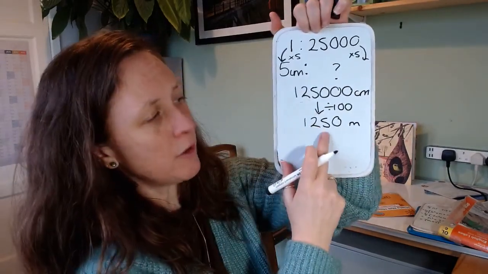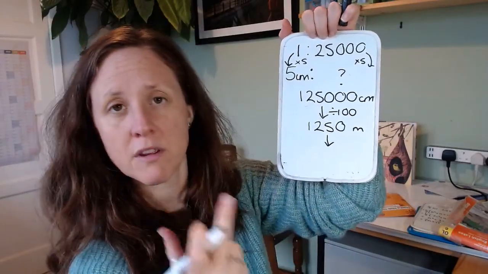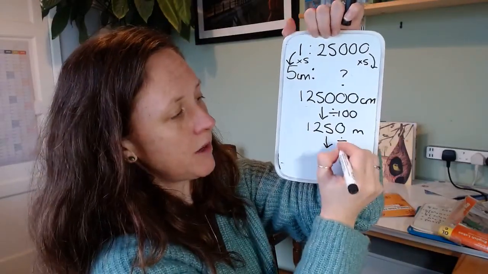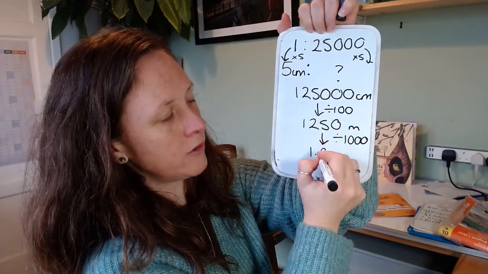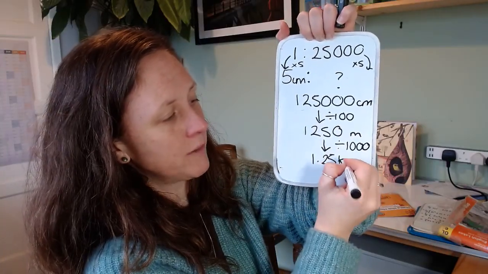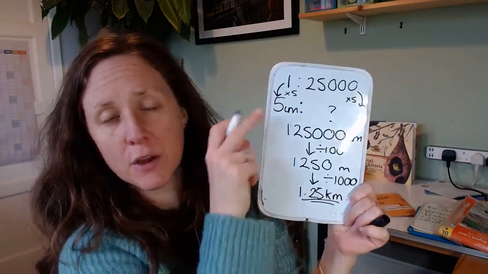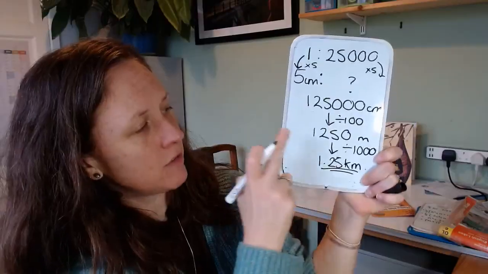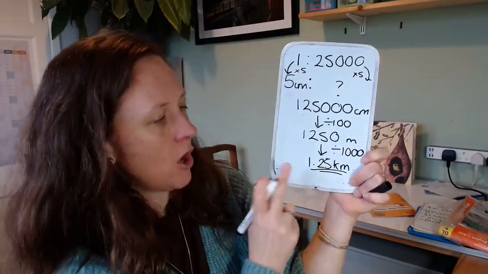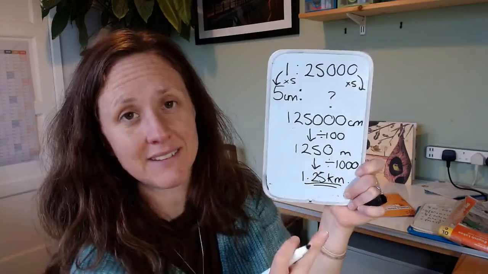Now if I want to go from metres to kilometres, I know there's 1,000 metres in a kilometre. So I'm going to divide by 1,000. And that gives me 1.25 kilometres. So technically, all three of those are absolutely spot on: 125,000 centimetres, 1,250 metres, 1.25 kilometres. All three are the correct answer.